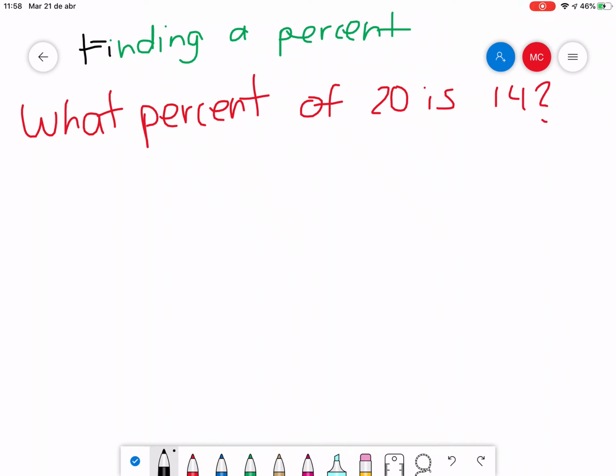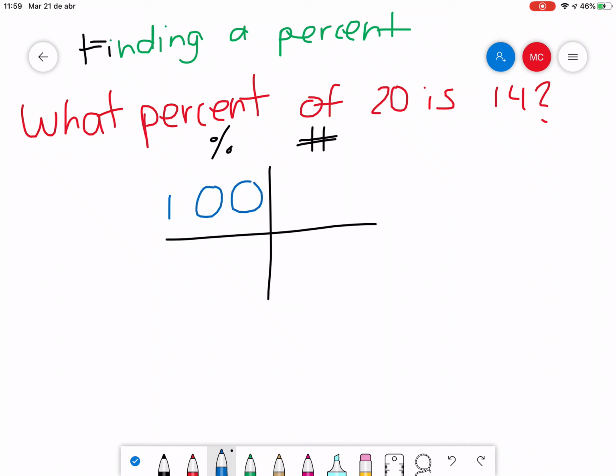And then I told you that the way to do it is establishing a proportion or the rule of 3. On this side, we're going to talk about percentage, and on this side, we're going to talk about the number. There must always be a 100%, right? Because we're talking about percentage, cent, 100. So the 100 goes there.